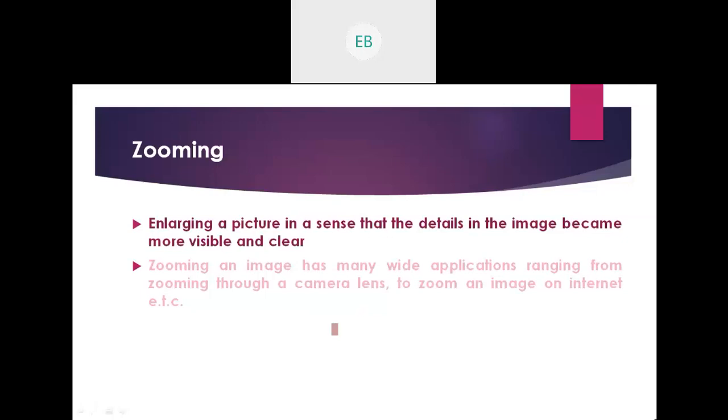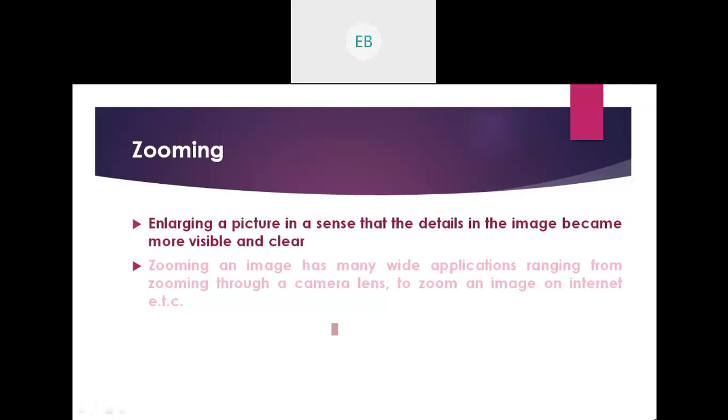Why do we enlarge a picture? In order to get through the details more, to get more insight into the quality of the image. So then we perform zooming.